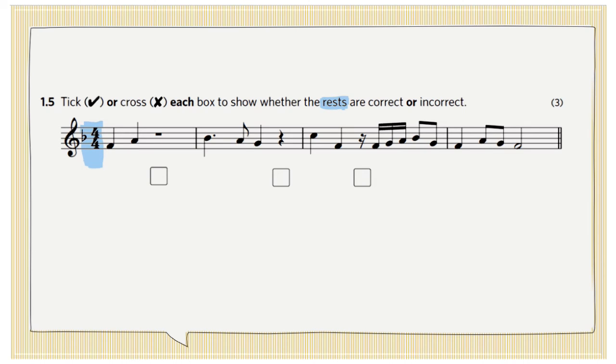Okay, so for example, 4/4 means there are 4 crotchet beats in a bar. So what we need to do is we just have to draw 1, 2, 3, 4 in a bar, right? This is a bar, and then you have to go and shade. Okay, remember, first thing, look at the time signature.